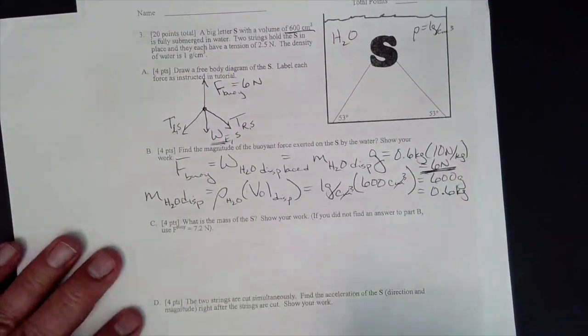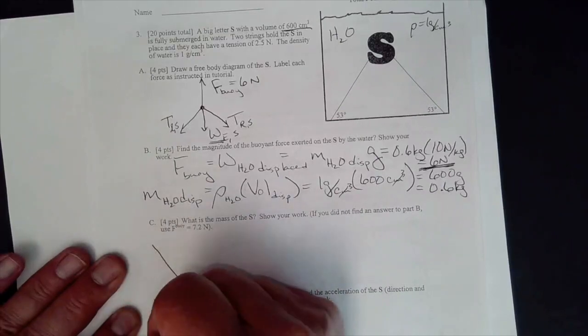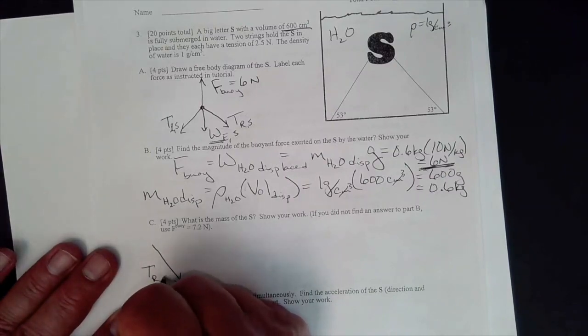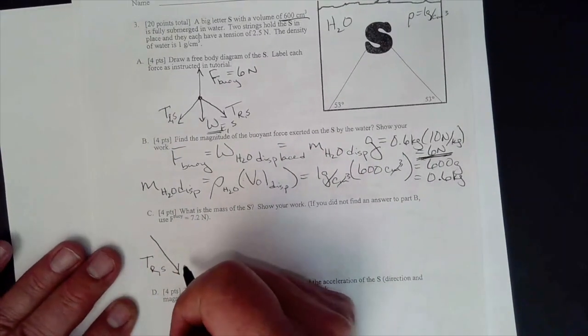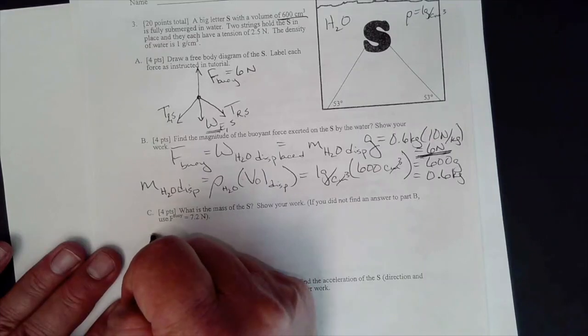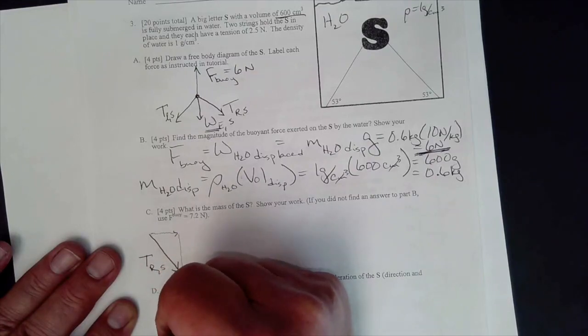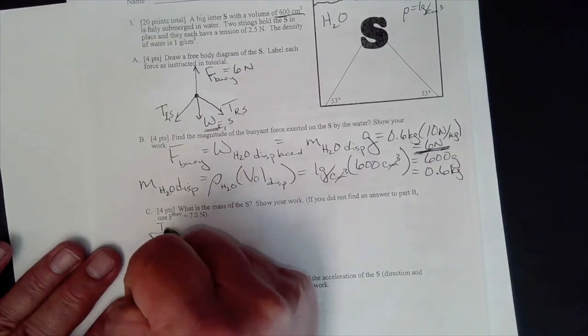I also know that if I have a force, let's take the tension in the right string on the S, I know that that force can be broken up into an X part and a Y part. We'll call that Tx and Ty.